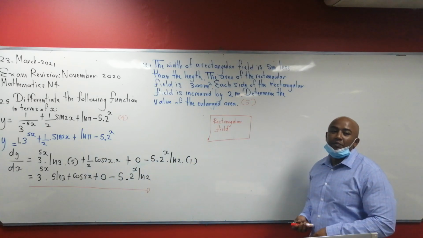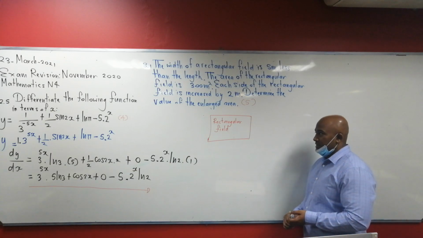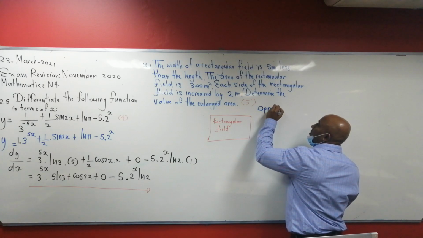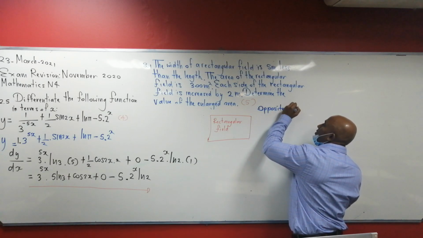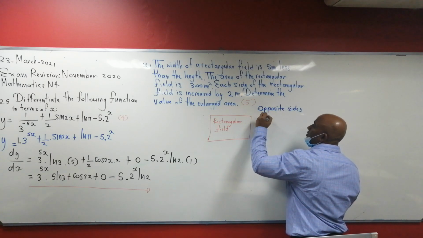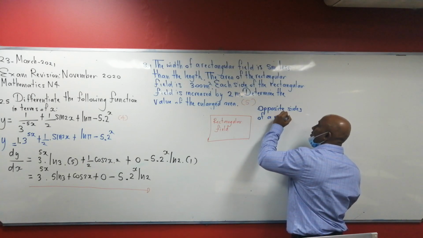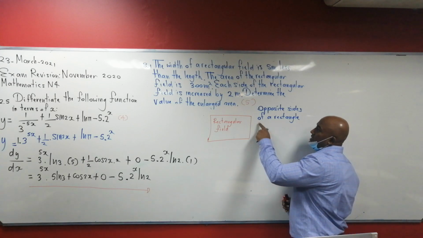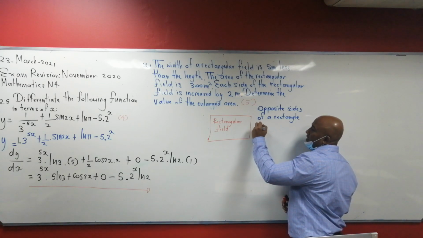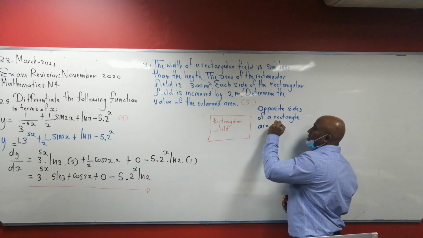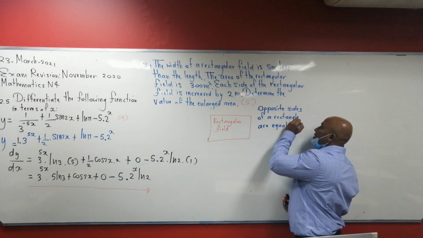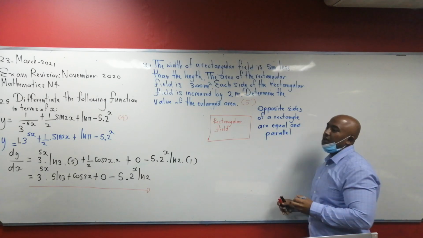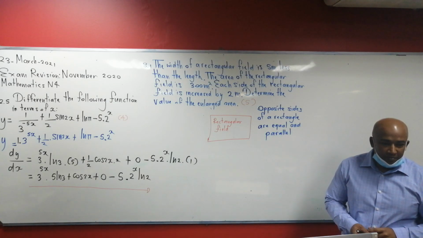Maybe you don't remember everything, but the main thing is opposite sides of a rectangle are equal and parallel. Right, they are equal and they are also parallel.